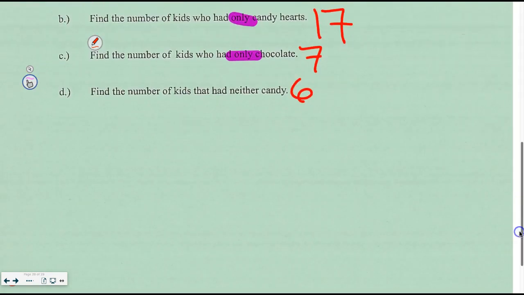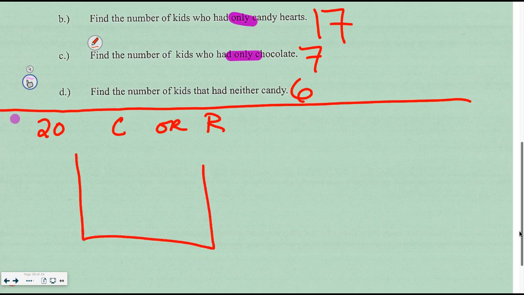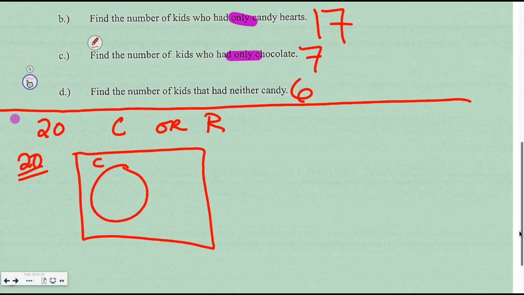So we're going to try one more of those. So for the kids who were here, we were talking about country and rap music. And I said, suppose I asked 20 people if they liked country or rap music. Then your Venn diagram is going to look like this. There's a 20 out here because I know they have to all add up to 20. I've got a country circle. I have a rap circle. So let's see if we can fill this in.